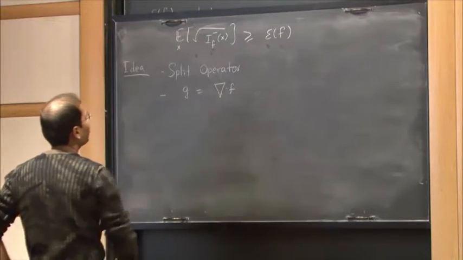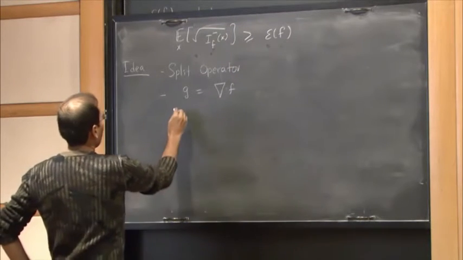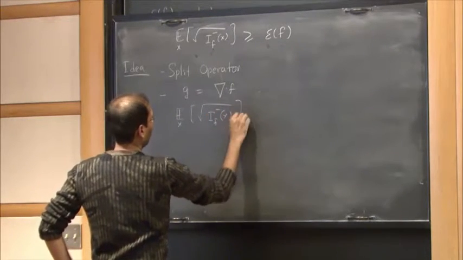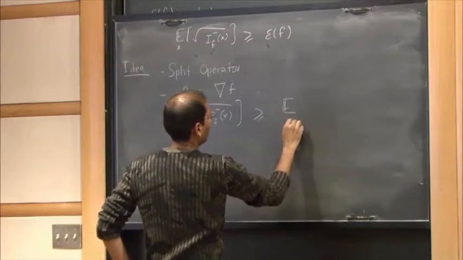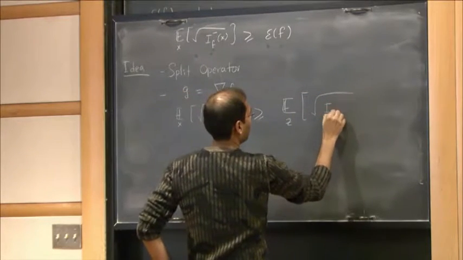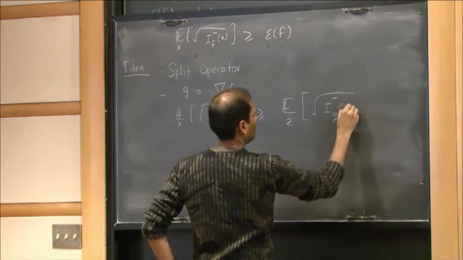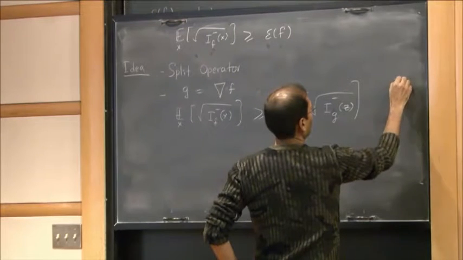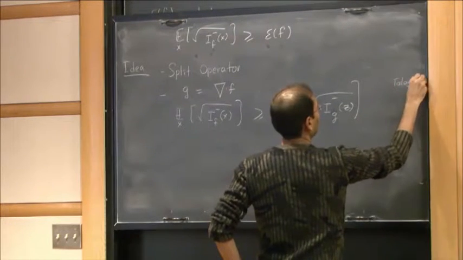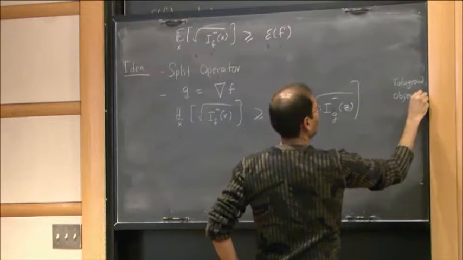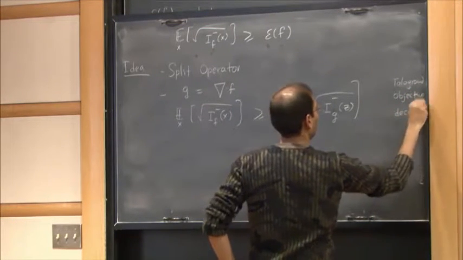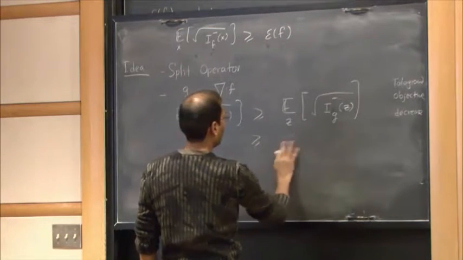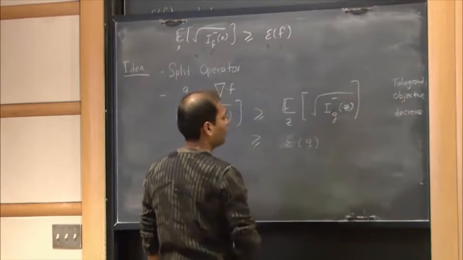You construct a new function g with the following properties: the left hand side can only go down, so this is less or equal to the same thing for g. So the Talagrand objective can only decrease. Whatever inequality you are interested in proving is true for g, so this is at least epsilon of g, the distance to monotonicity of g.